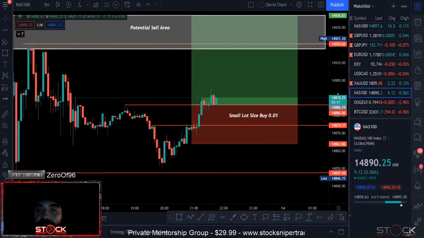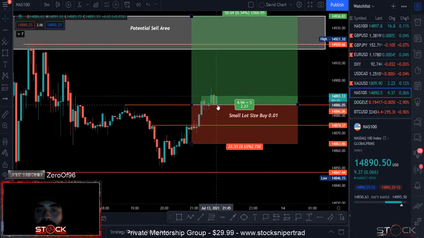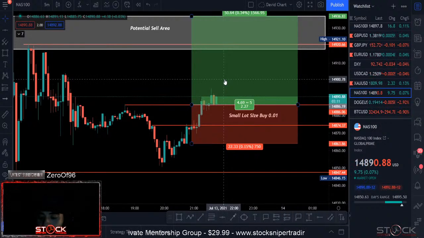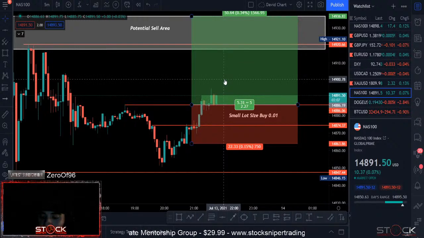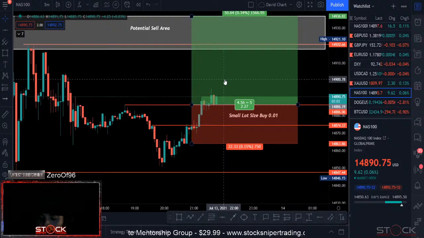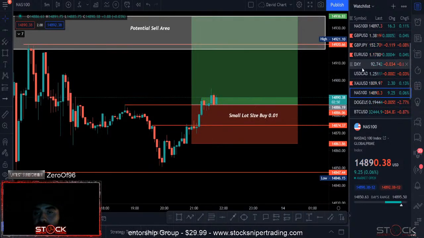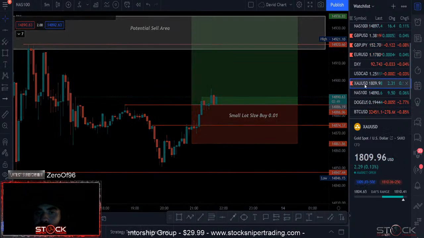NASDAQ forming some good support. So it broke above, found some support. Now it could be potentially running here again. Okay, let's go back to gold.